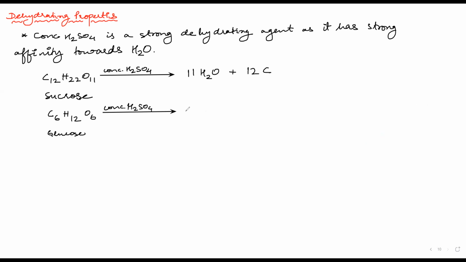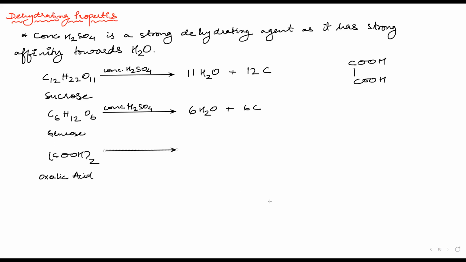With H2SO4, how many water molecules will we get? 6 H2O plus 6 carbon. Now, if you have oxalic acid, (COOH)2, the structure of oxalic acid is like this. You react this with concentrated H2SO4.